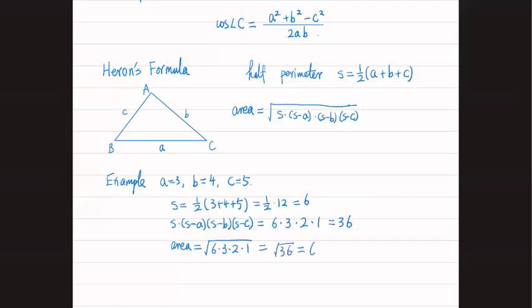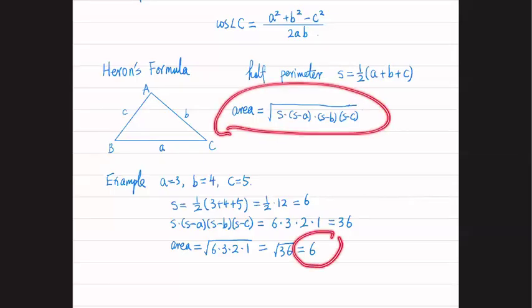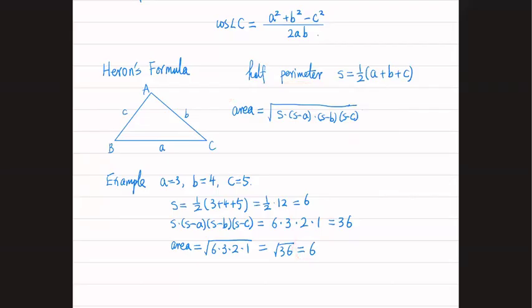That's 6, right? Okay. So according to the formula, the area should be 6. How do we check this? Is this correct or not?